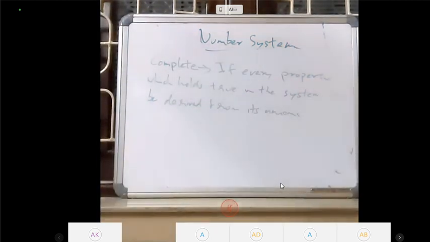So we say that a formal axiomatic system is complete if every property which holds true in this system can be derived from the axioms of the system.